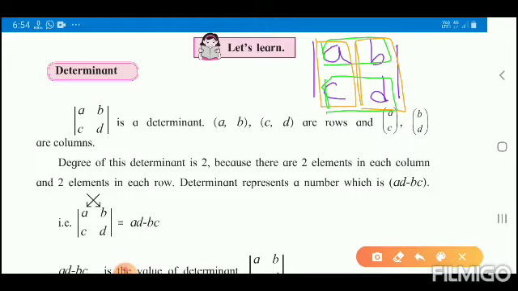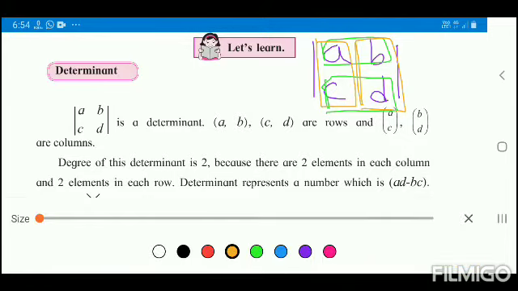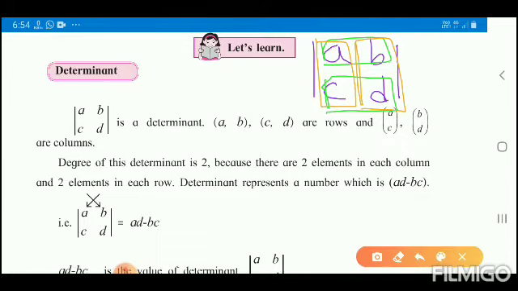Now the degree of this determinant is 2 because there are 2 elements in each column and 2 elements in each row. Determinant represents a number. Now how to find the value of the determinant, that we will see here. Look, what we have to do, we are multiplying A and D. So you got AD.